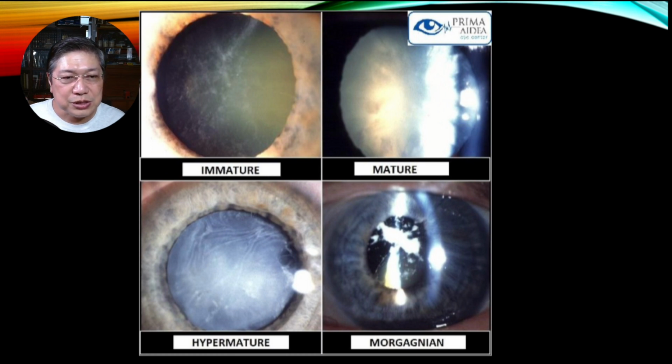With current technology, you don't have to wait until your cataracts are mature; it can be removed at any stage, because phacoemulsification, the predominant technique being practiced now, allows you to remove the cataract even if it's soft. You don't have to wait until your cataract is mature to have it treated.